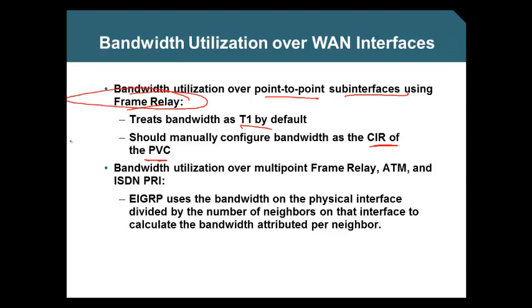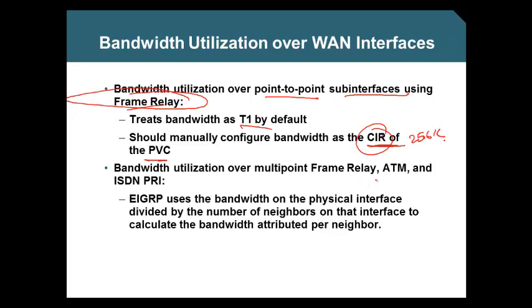In Frame Relay, the bandwidth is called committed information rate, the subscribed bandwidth. PVC is nothing but the Frame Relay circuit, permanent virtual circuit. So we might have got only 256K as a committed information rate.